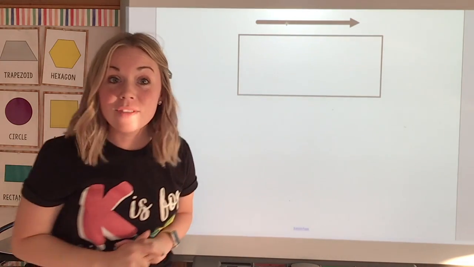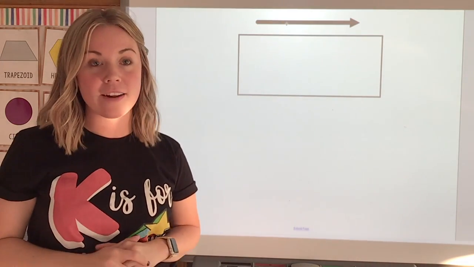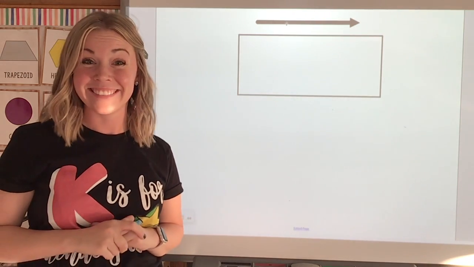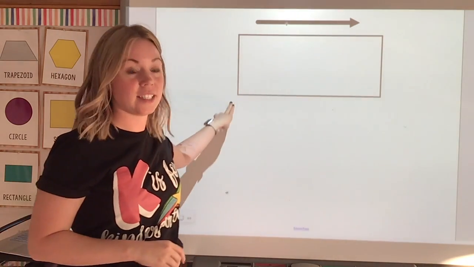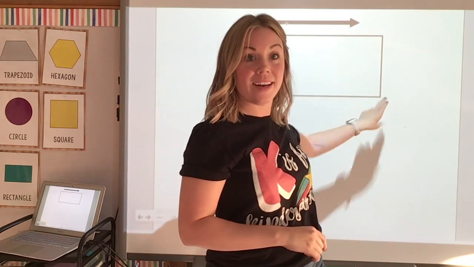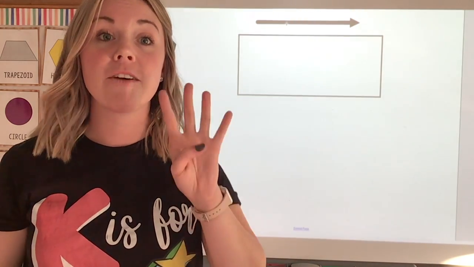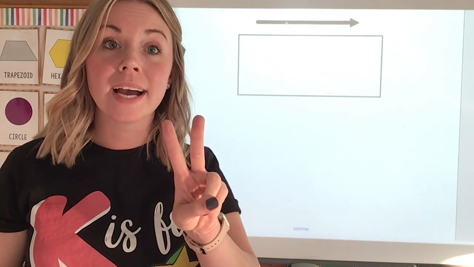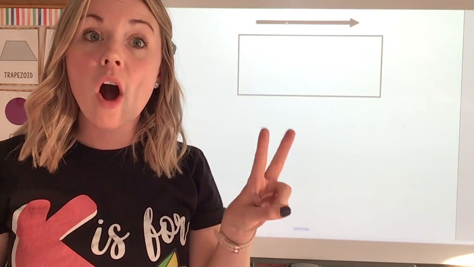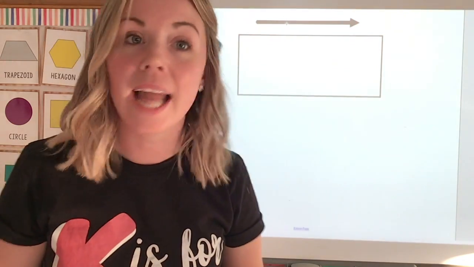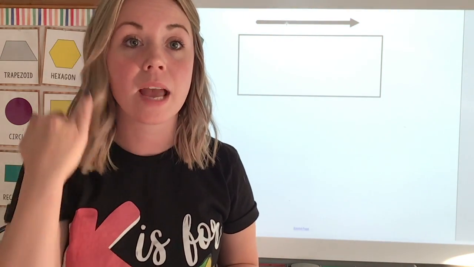Good, because those are the 2 that look longer to me as well. Go ahead and trace those 2 shorter sides. Perfect. Are you tracing this one and this one? Good. That's awesome. So again, a rectangle has 4 sides. 2 of those sides are always longer and 2 of them are always shorter. A rectangle does not have sides that are all the same length.